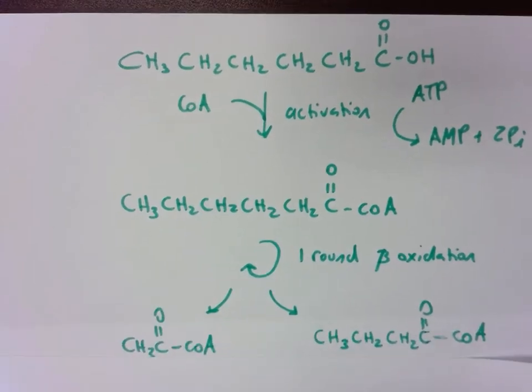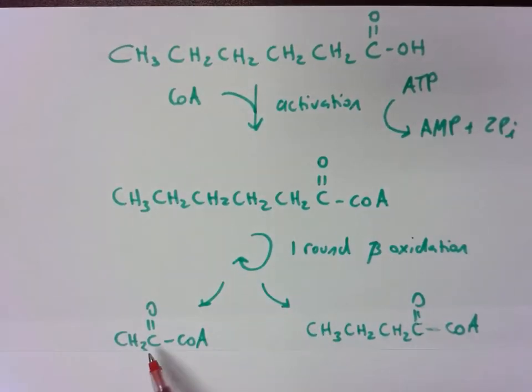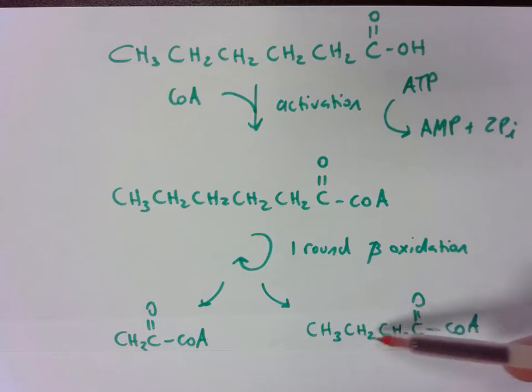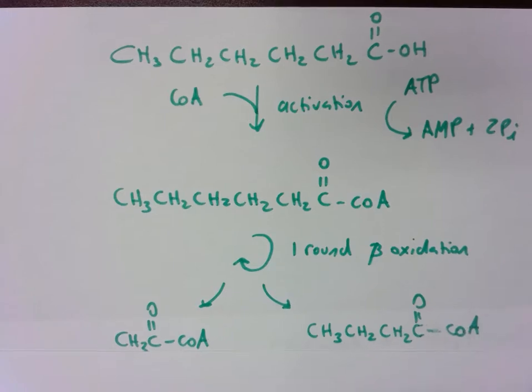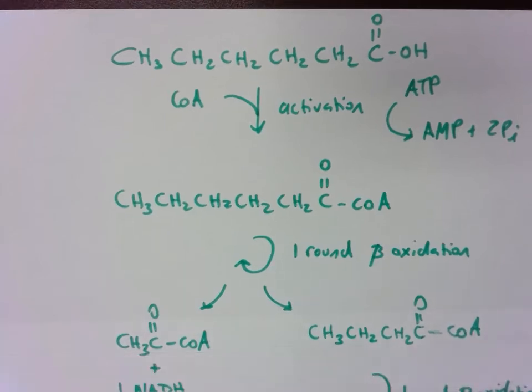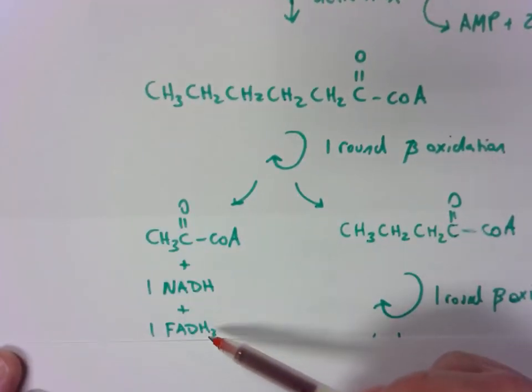What we end up with is the acetyl-CoA, which can then go into the citric acid cycle, and the residual fatty acid that is still activated. Along with the acetyl-CoA, 1 NADH and 1 FADH2 is produced.